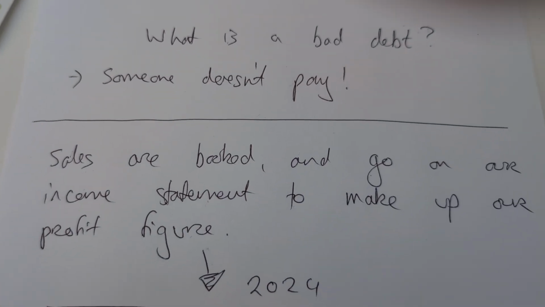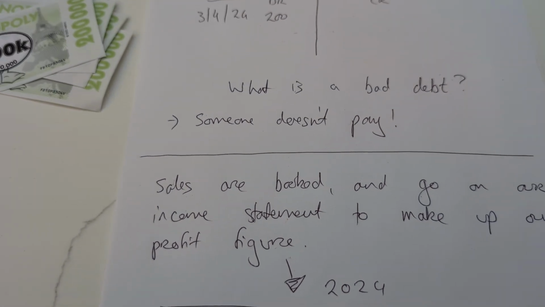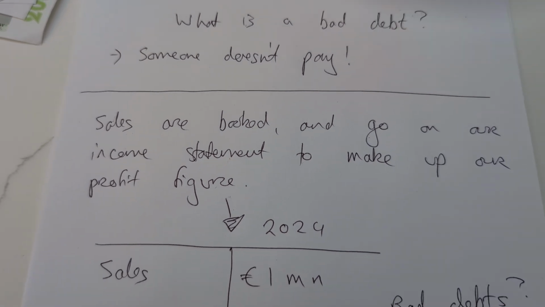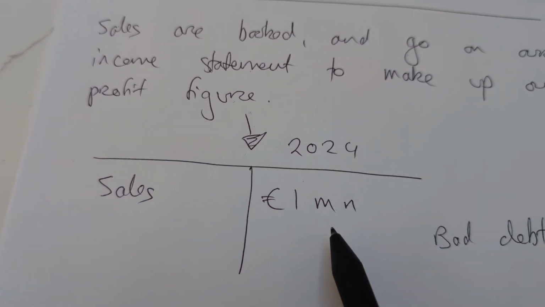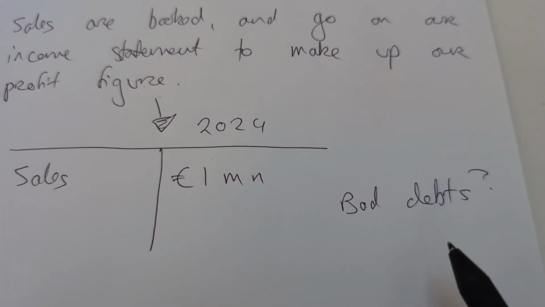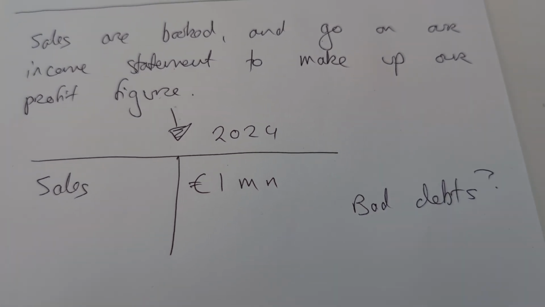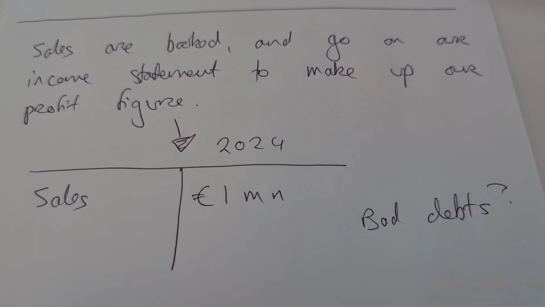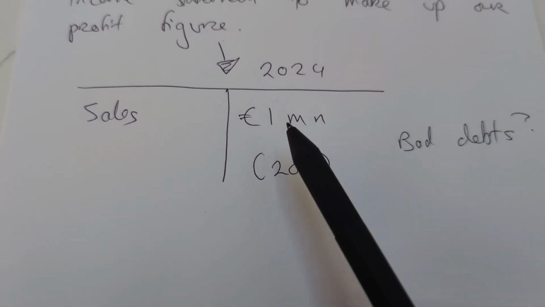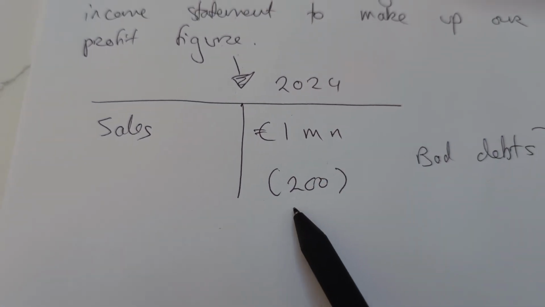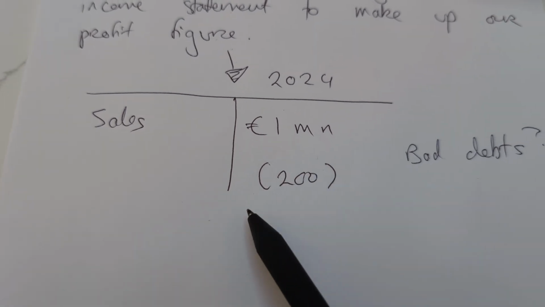The sales are booked and they go on our income statement, and that helps make up our profit. So we have sales of 1 million gone under 2024, but what about the bad debts? They reduce the sales because we know this person's not going to pay. So you need to reduce your sales of 1 million by the 200,000 that you won't be paid. These brackets are just minus signs.